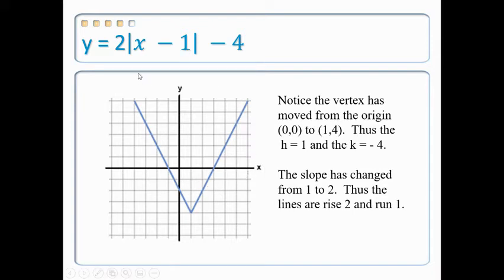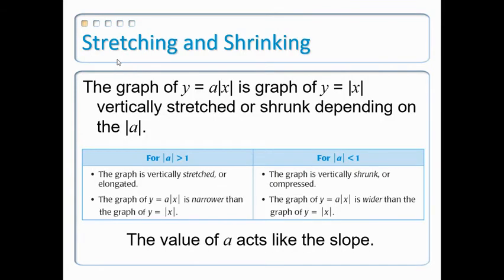The slope of this one has changed as well because you have a 2 now in front of the absolute value sign. Okay, so for the stretching and shrinking, or stretching and compression, of a graph of y equals a times the absolute value of x, the a acts like the slope. In fact, it is the slope because we are talking about straight lines for absolute value.